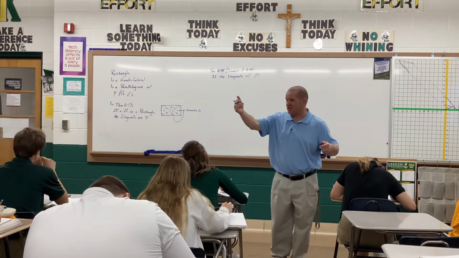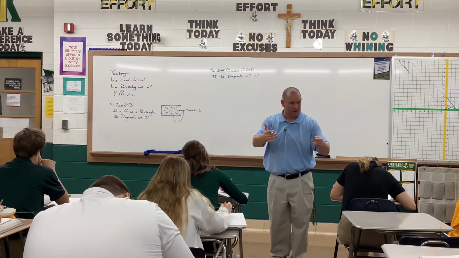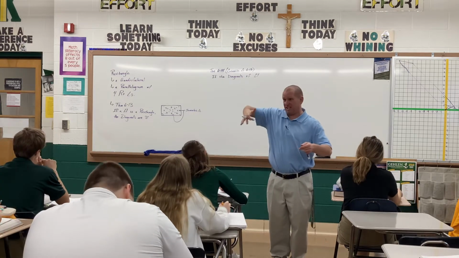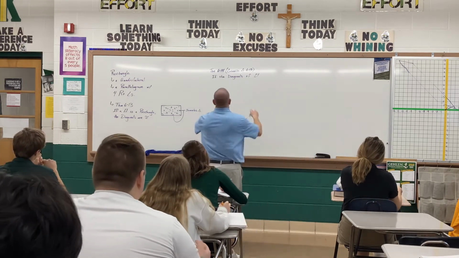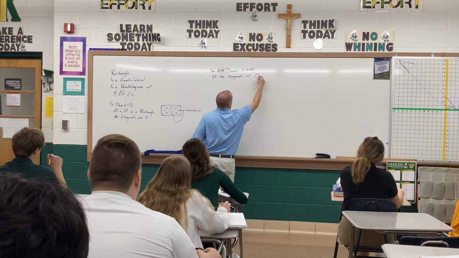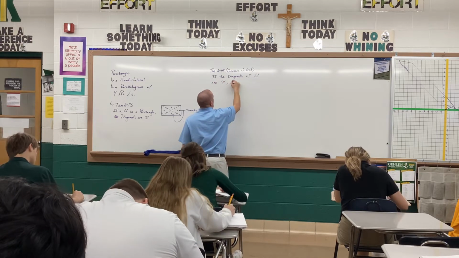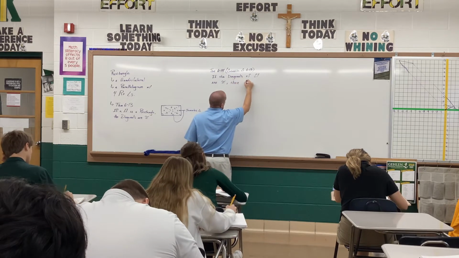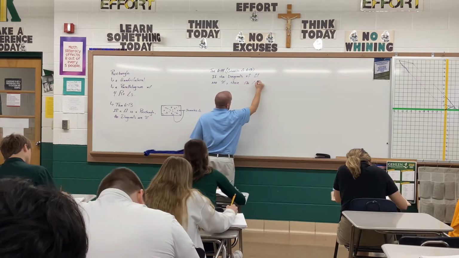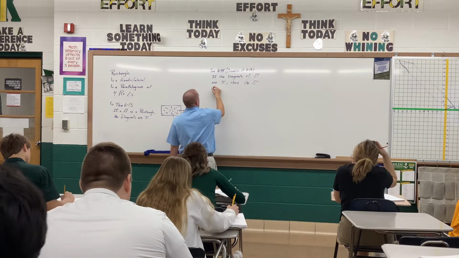Slashes, or just simply telling you the numbers, right? This is 7 and this is 7. That proves it too. So if the diagonals of a parallelogram are congruent, then what? It's a rectangle. The parallelogram is a rectangle.